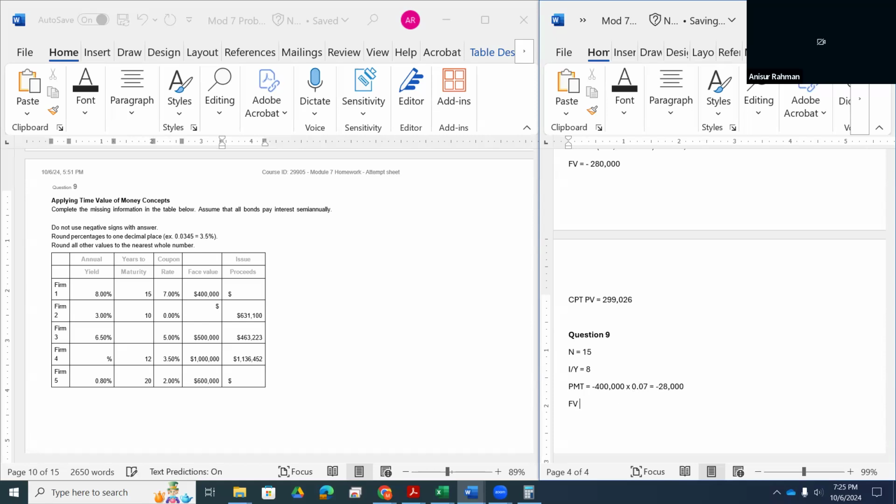And then future value is the negative of the face value. So if you do this and compute present value, you should get 365,416.